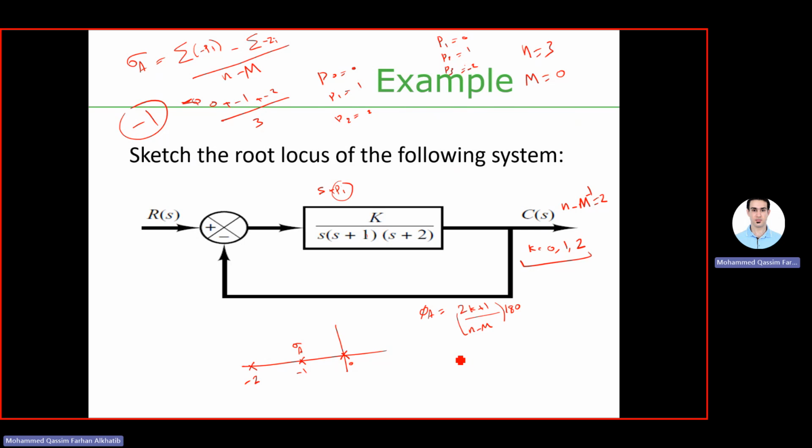Okay, so at k equals 0, that's the first asymptote. So what will be the angle? 1 over 3 times 180, so that's 60. At k equal 1, what will I get? 3 over 3, 1, yeah. So that's 180. At k equal 2, 5 over 3, 300.